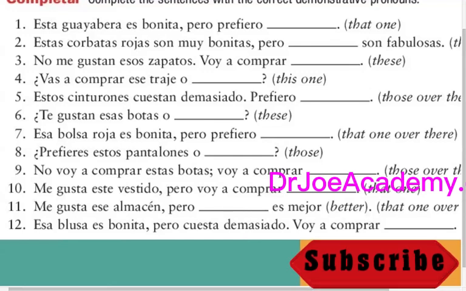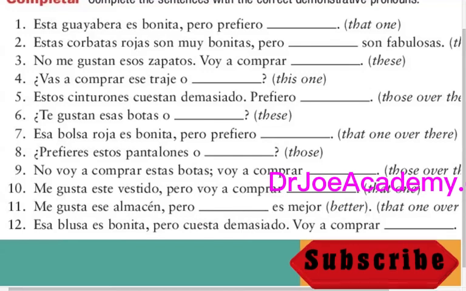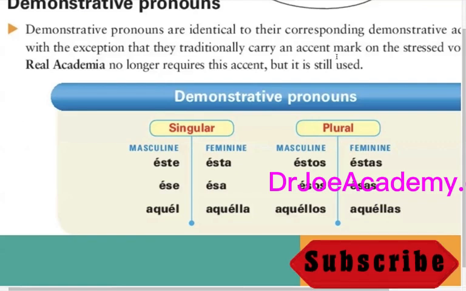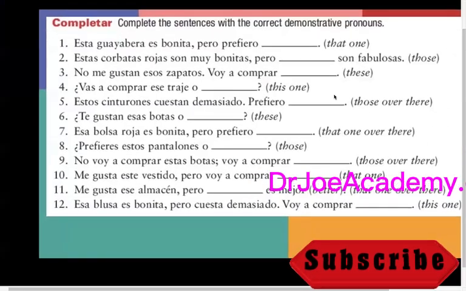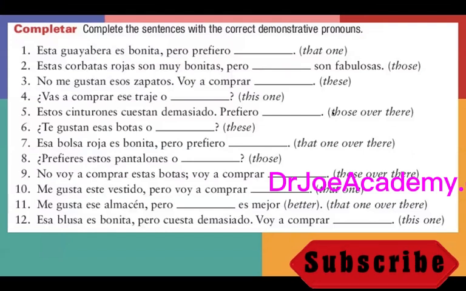All right, número 5. Estos cinturones cuestan demasiado. Prefiero blank. And the blank is those over there. How do we say those over there in Spanish?